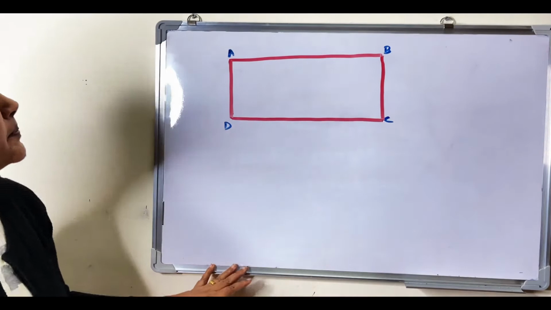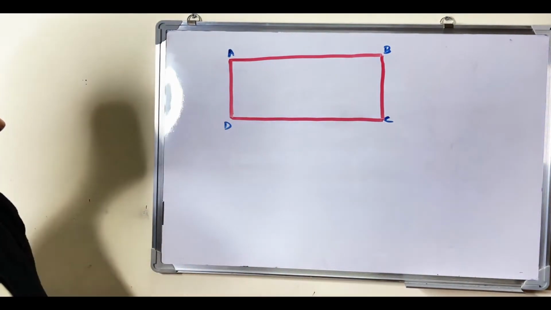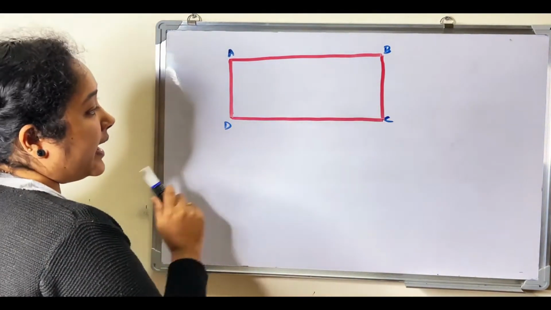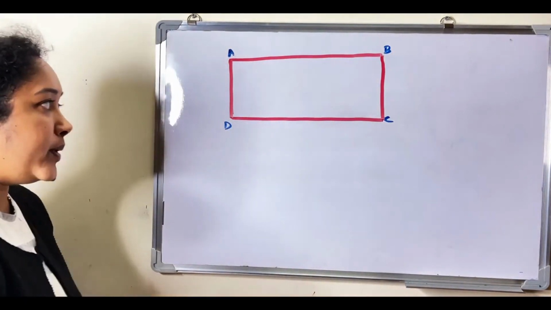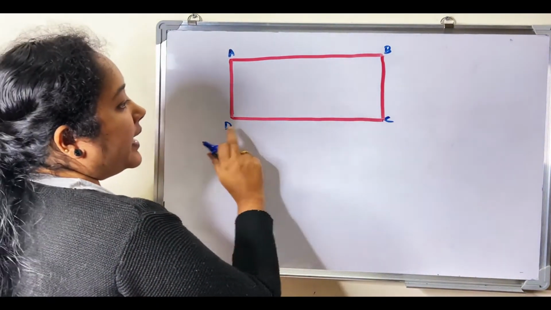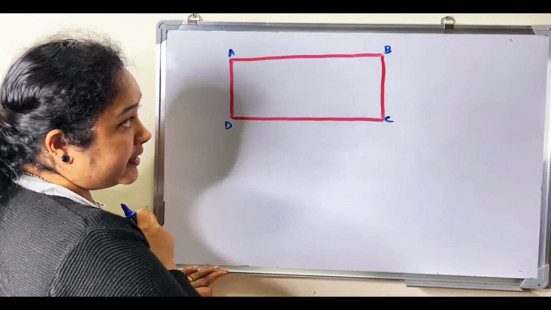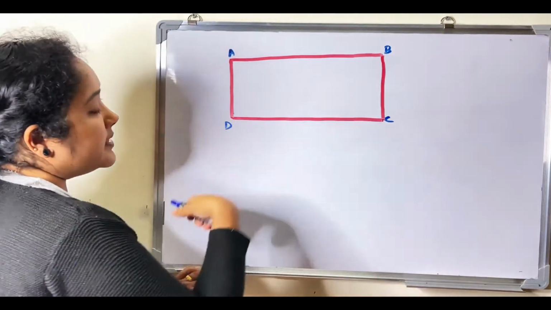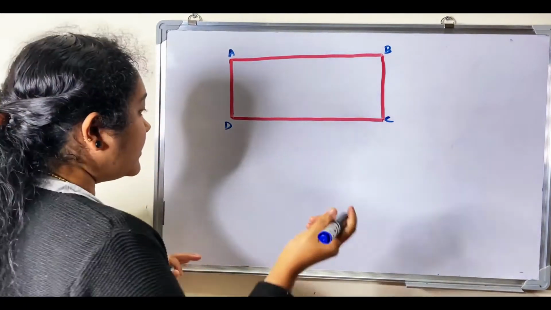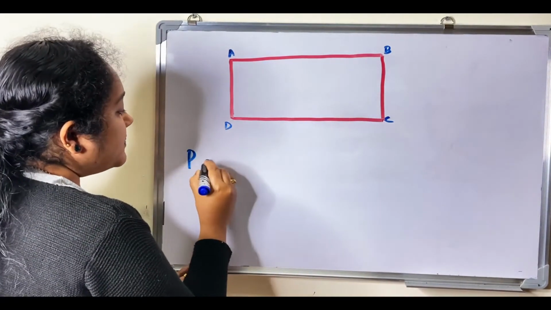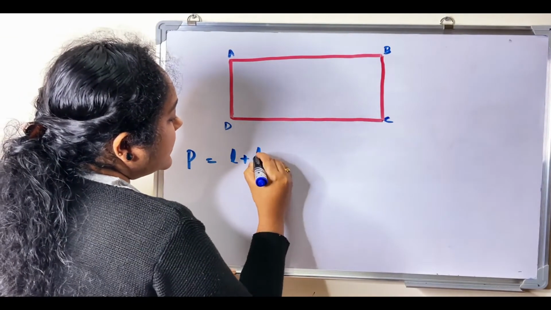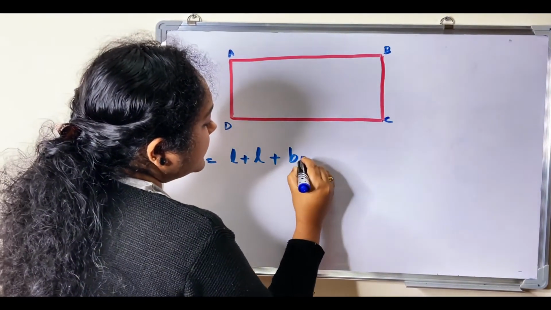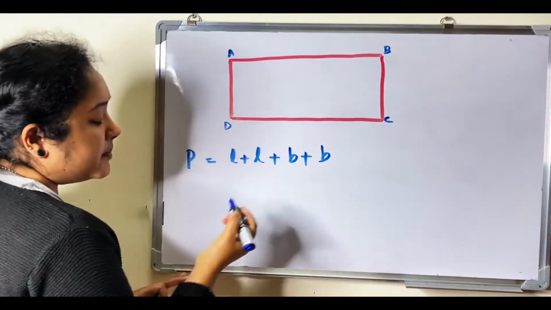Here is a rectangle ABCD. AB and DC are equal, and BC and AD are equal. AB and CD are the length of the rectangle, and BC and AD are the breadth of the rectangle. So the perimeter of the rectangle P is equal to L plus L plus B plus B, that is breadth plus breadth.